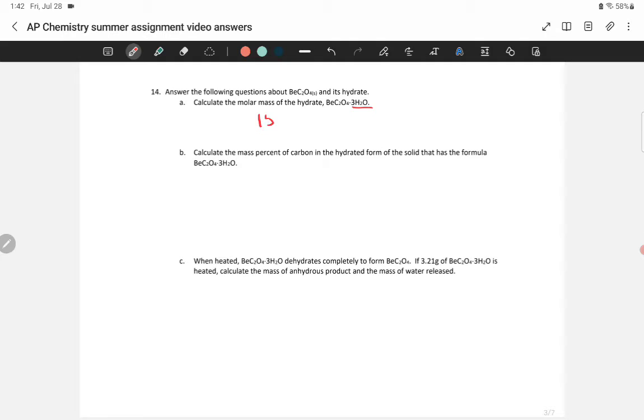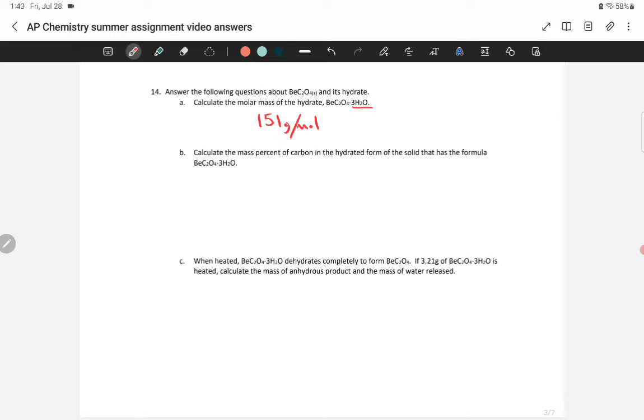I had done this in my head. I would probably prefer to see a few decimal places, but for purposes of being able to do B and C, if we have a molar mass of 151, that's going to be fine.